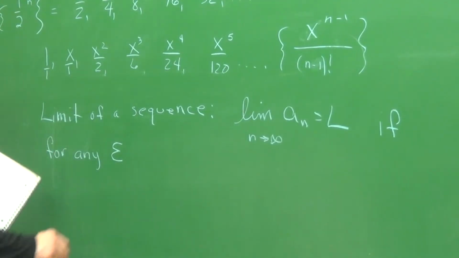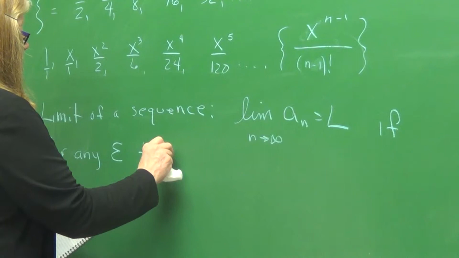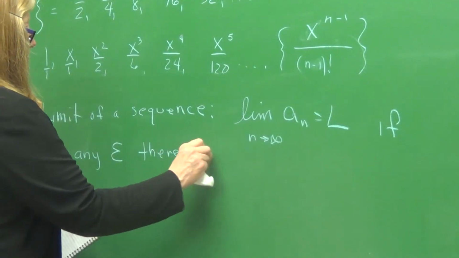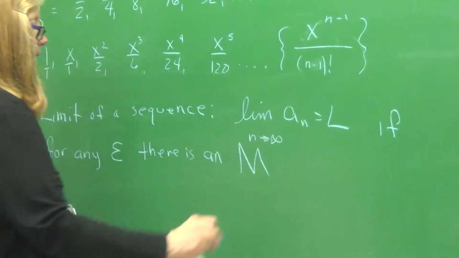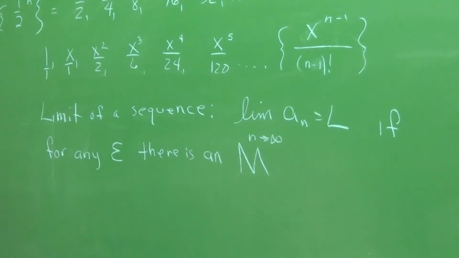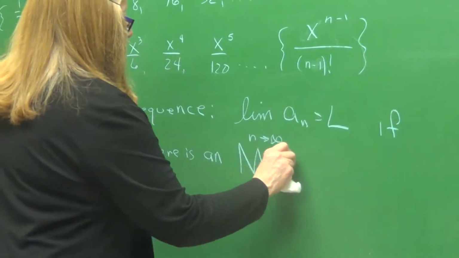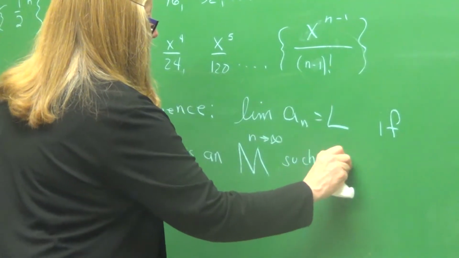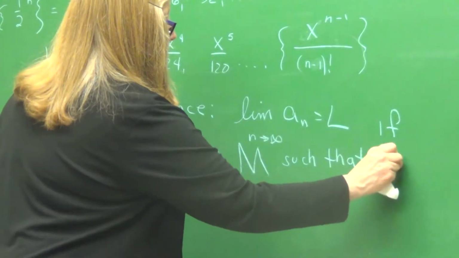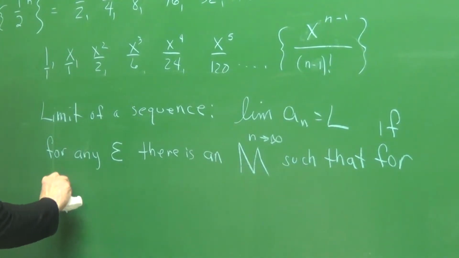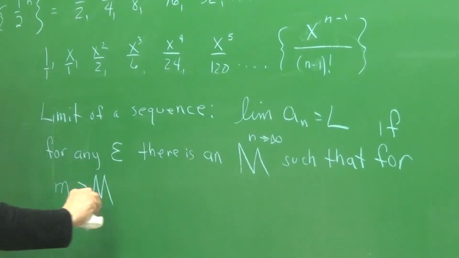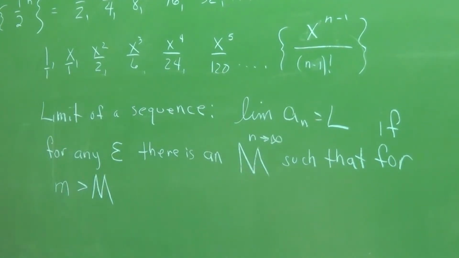For any epsilon, there is an M, capital M, such that for little small m greater than big M, this will make more sense when I finish.